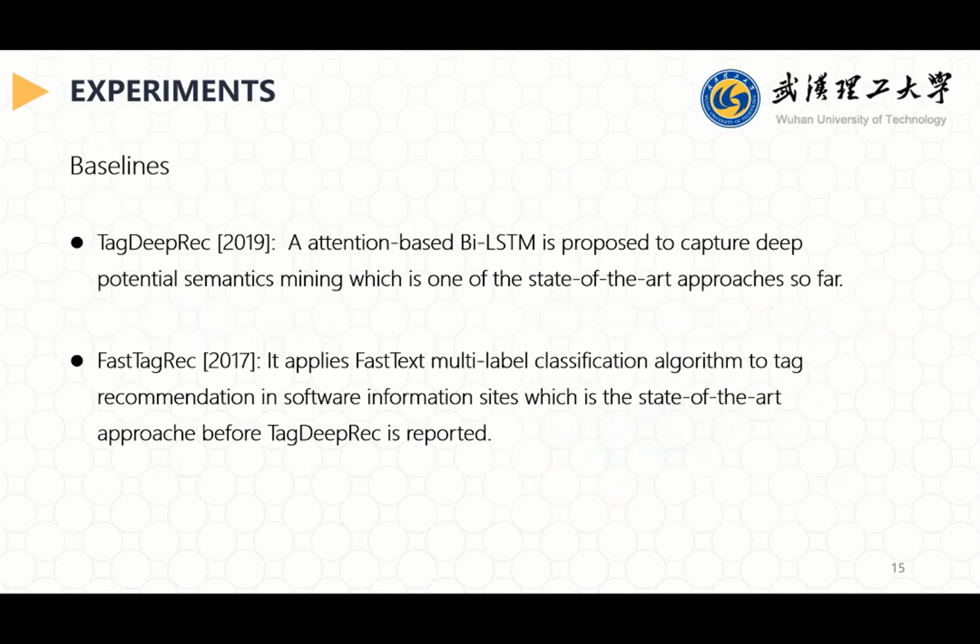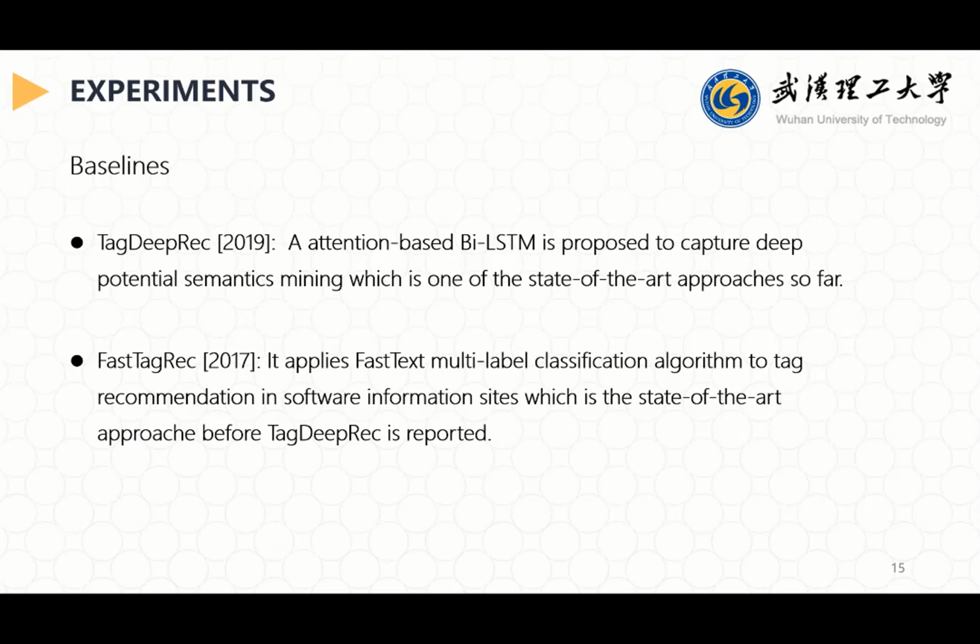Then, to prove the validity of our TagMatch, we choose the following approaches as baselines for comparison. TagDeepRec: attention-based BiLSTM is proposed to capture deep potential semantic meaning, which is one of the state-of-the-art approaches so far.